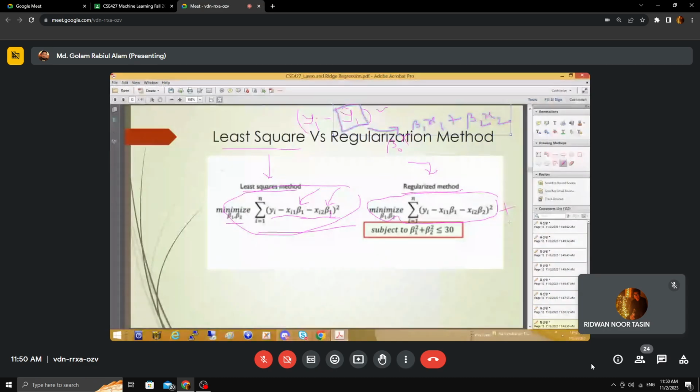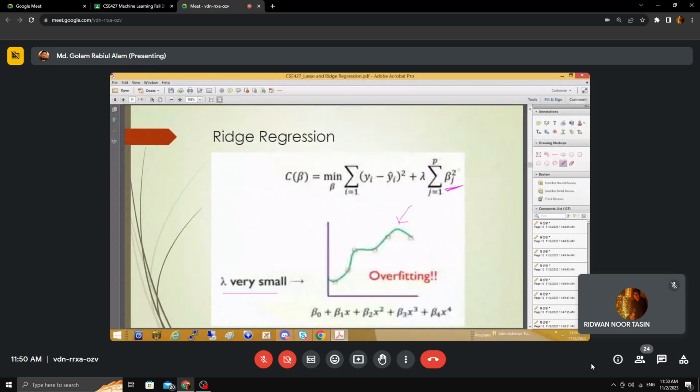If we use ridge regression, in that case the square terms, that means beta 1 square plus beta 2 square, because the summation is there, these values must be less than something.